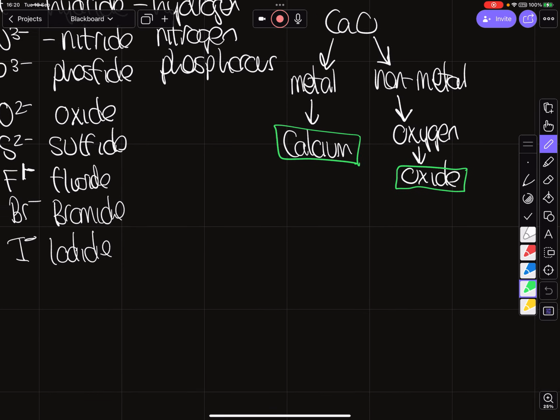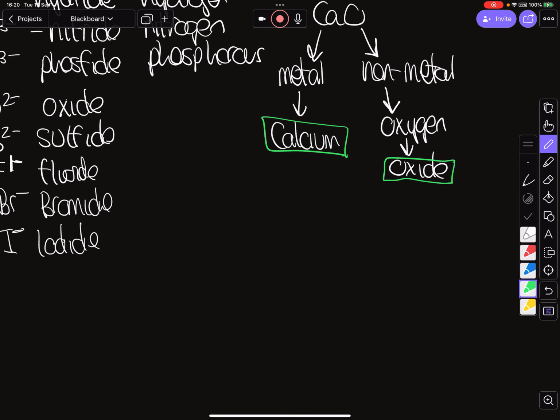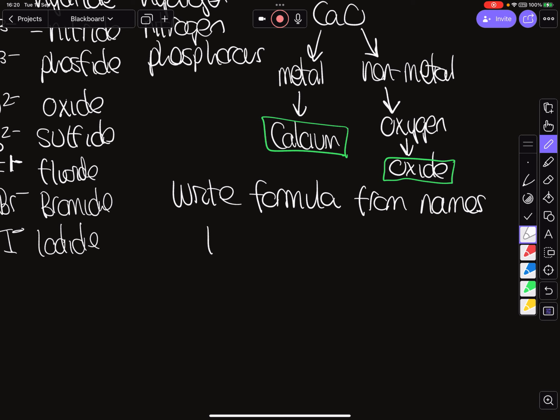Now we are going to try and write formulas from names. So how do we do that? We have an example, iron(III) sulfide. Now we've already talked about the fact that iron here is a transition metal.